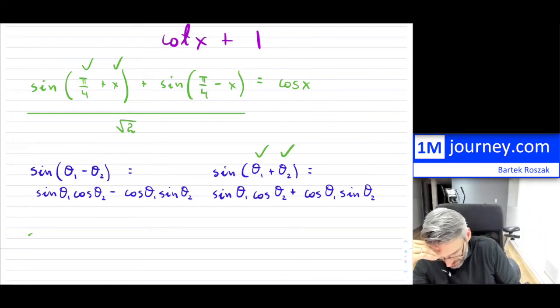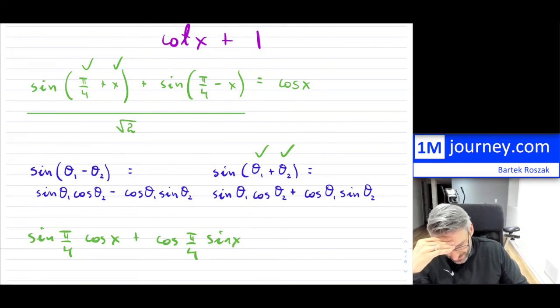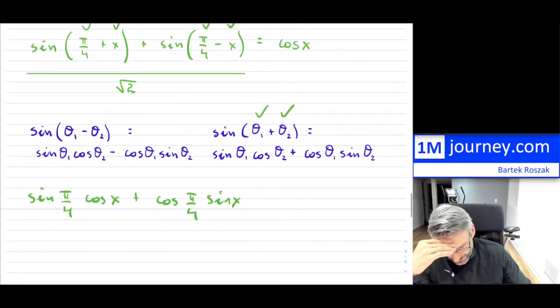So that's going to be sine of pi over 4 and then cos of x plus cos of pi over 4 and sine of x. That's the first one. And then this one now, with the subtraction, what is that going to be?